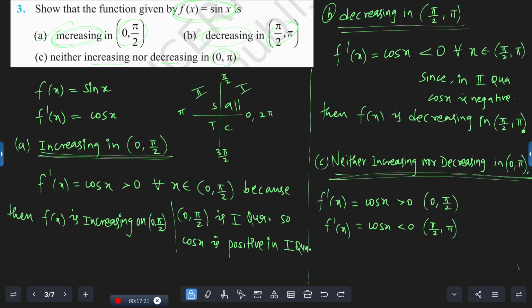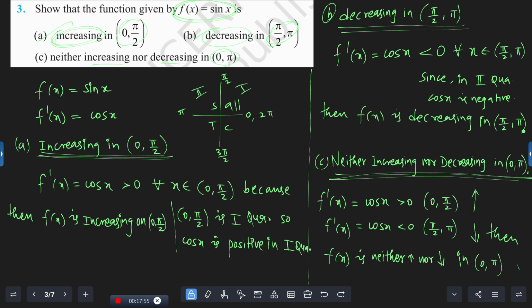So these are telling that in the first quadrant it is greater than 0, so increasing, and in the second quadrant it is less than 0, so decreasing. Then f of x is neither increasing nor decreasing in the interval 0 to pi together.